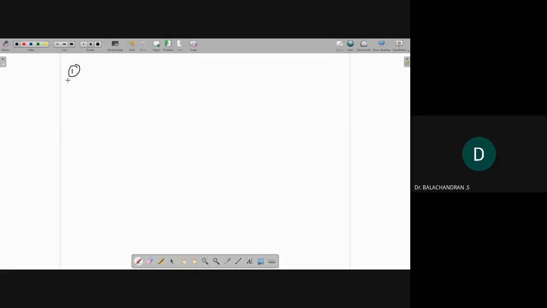Find the minimum value of x square plus y square plus z square when x plus y plus z equal to 3a.